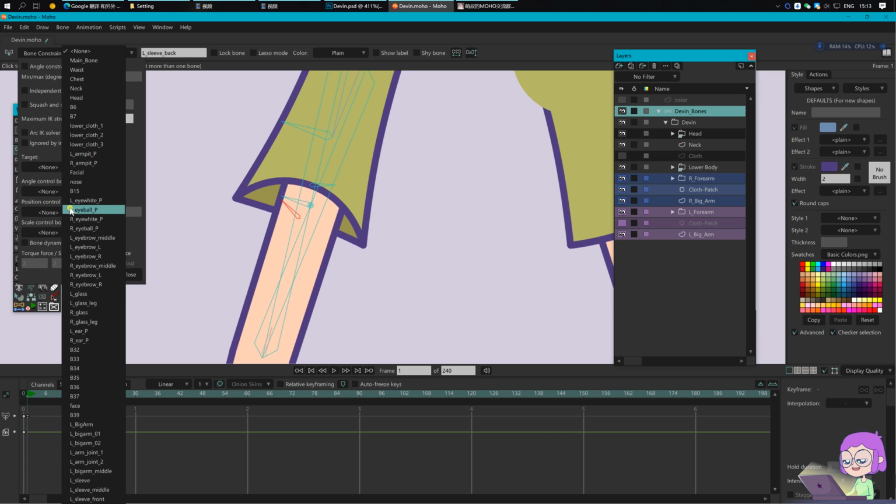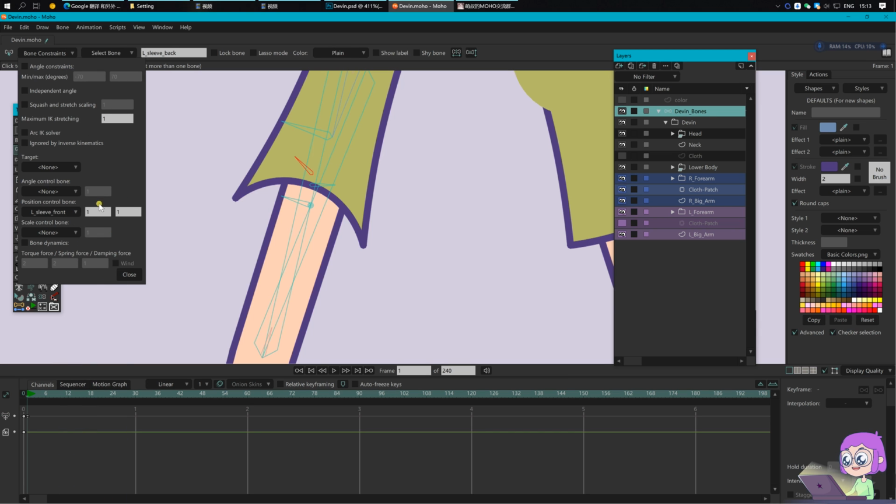Then the position control bone of the back sleeve bone is set to the bone of the front sleeve. Then modify the value.